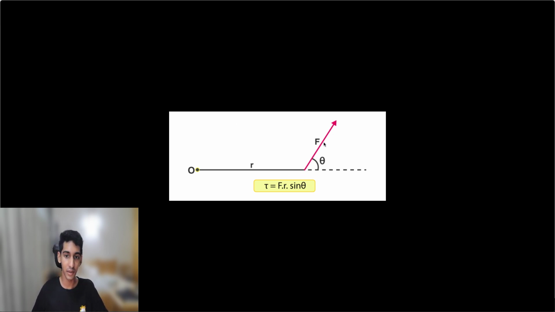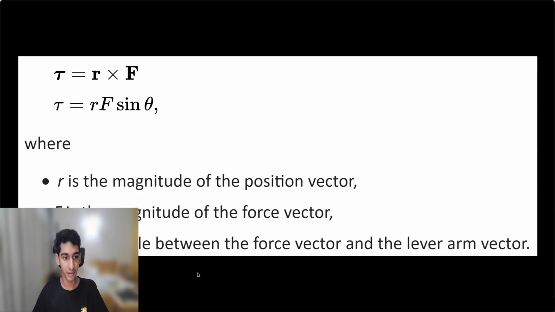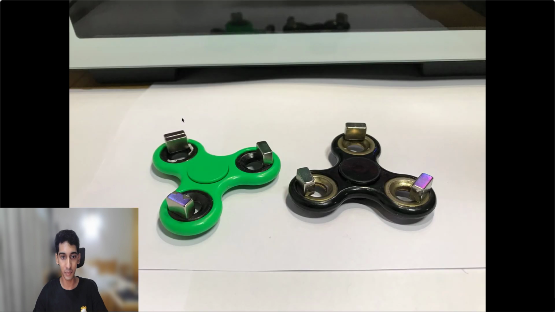So we have to do F sine theta to get the perpendicular component of the force vector to the r vector. This is a nicely written way of the entire definition: r crossed with the F vector gives r F sine theta, where these are the magnitudes of the respective vectors. This is important for us to get into our experiment here.